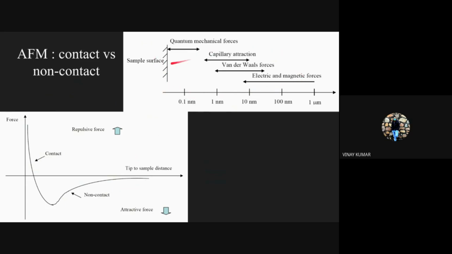This is the sample surface, and this is the distance at which the tip is to be held. Non-contact ones are generally in this range for van der Waals, depending upon the distance, and the contact ones are very near to the surface or touching it.